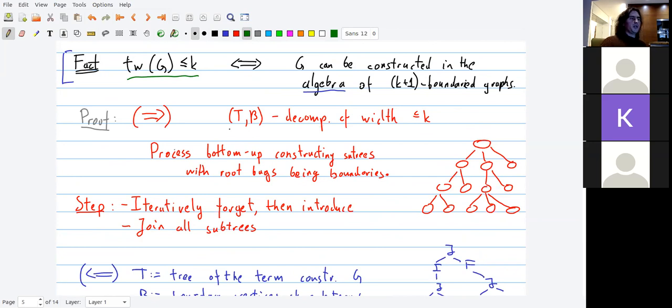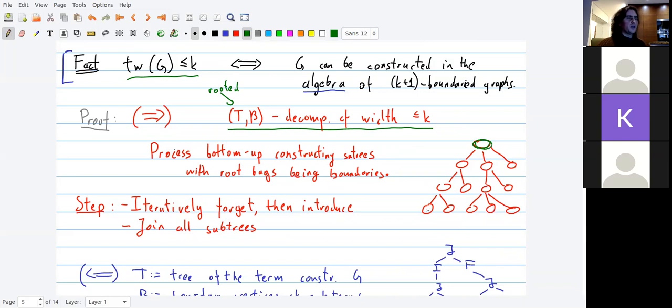So if I've got the tree decomposition of width at most k, and I would like to construct the graph in my algebra using consecutive operations, what I do is root the decomposition. I can assume that my decomposition is rooted by just rooting it in an arbitrary bag, say this one green here.